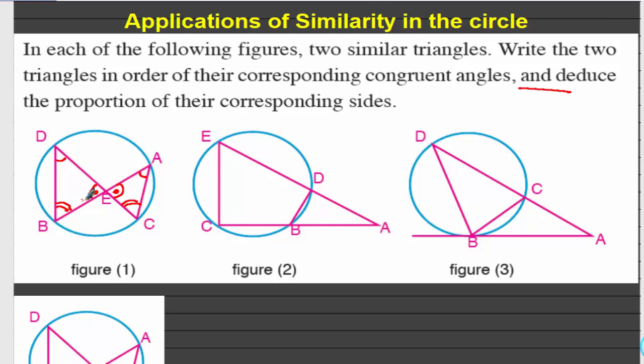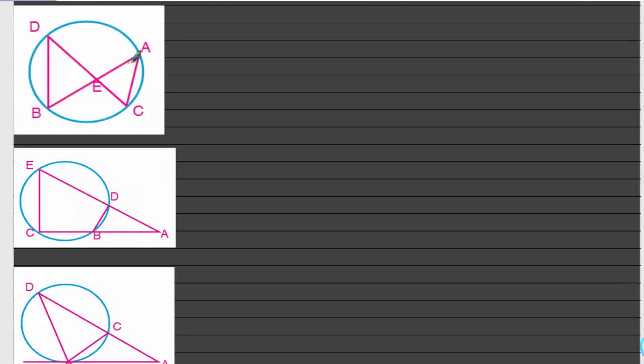the second one. And now let us write the two triangles in order. Here we have measure of angle A equals the measure of angle D, and the measure of angle C equals the measure of angle B, and the measure of angle AEC equals the measure of angle DEB.